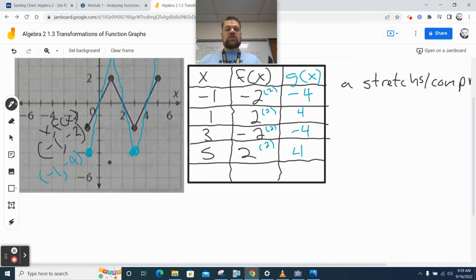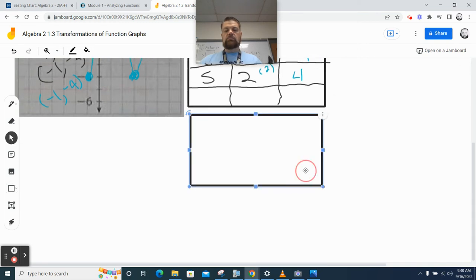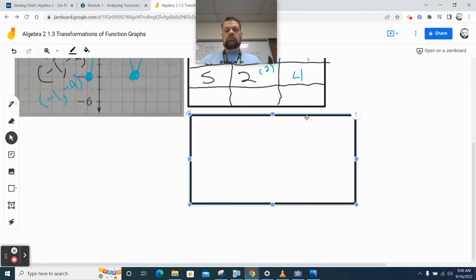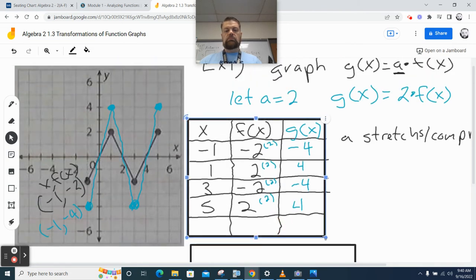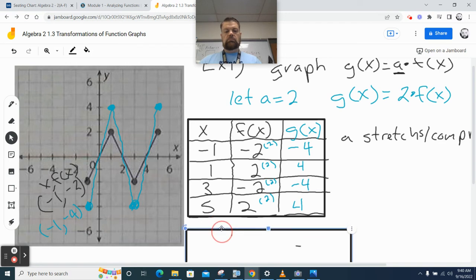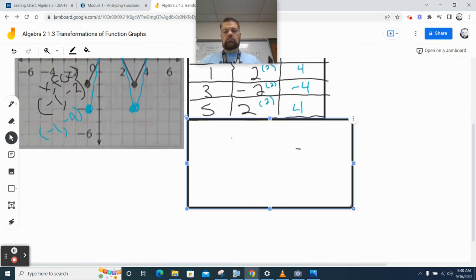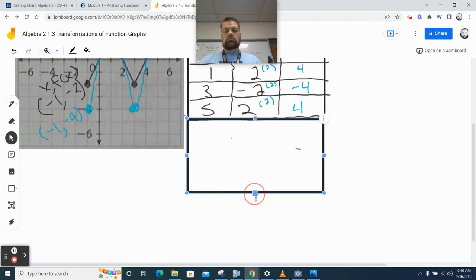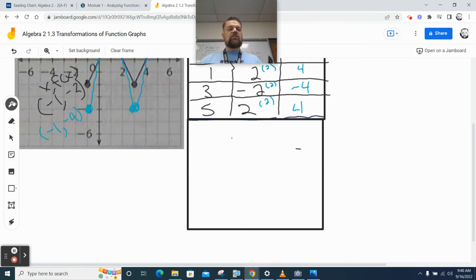The next thing they want us to do, I'm going to draw another box. So same thing, let's write the values in.